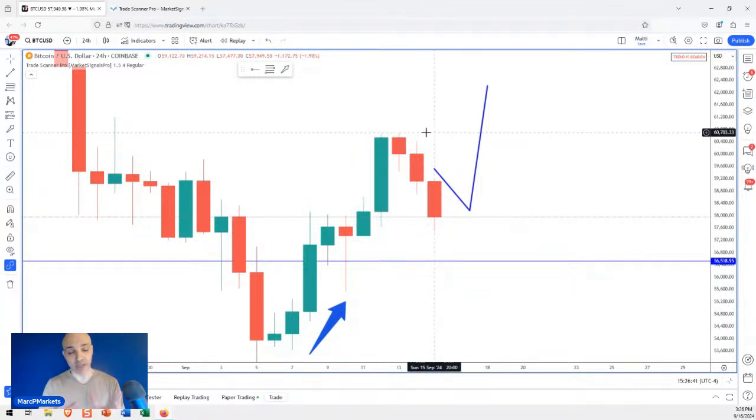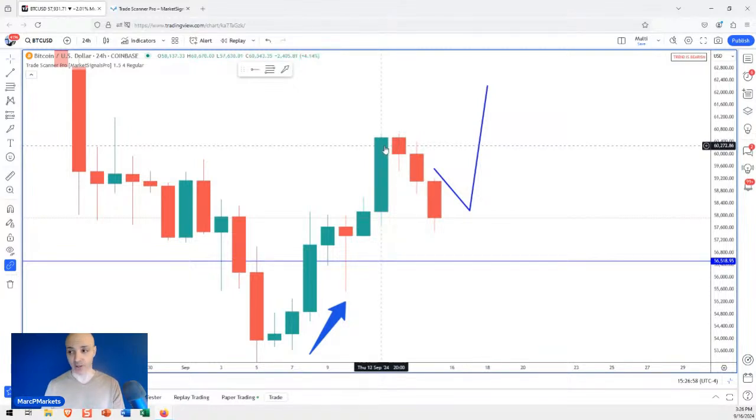Now, for people that get obsessed with precision, if this candle is a couple of points higher than this candle, it's still an inside bar, even though it may not fit the exact definition. The exact definition is that the mother bar, the larger candle, should have a high higher than the high of the inside bar, and a low lower than the low of the inside bar, right? That's pretty much the exact definition.